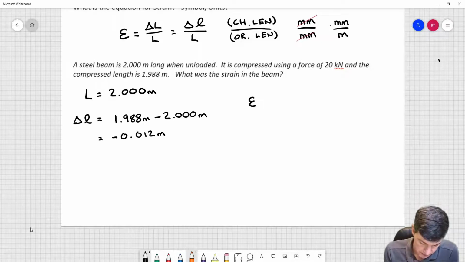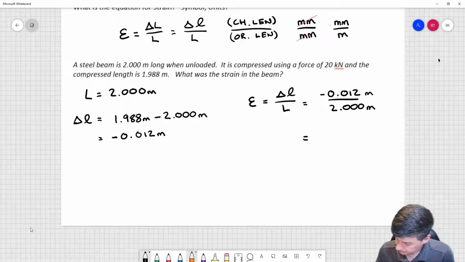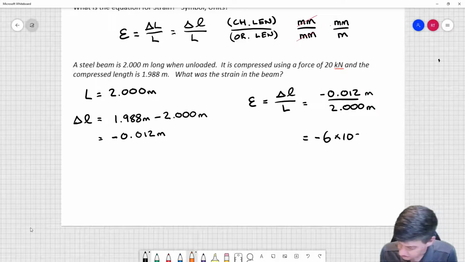When we calculate strain, in this case, the strain would be my change of length compared to my original length. So negative 0.012 compared to 2.000, both of those in meters. And what I would get is negative 6 times 10 to the negative 3.